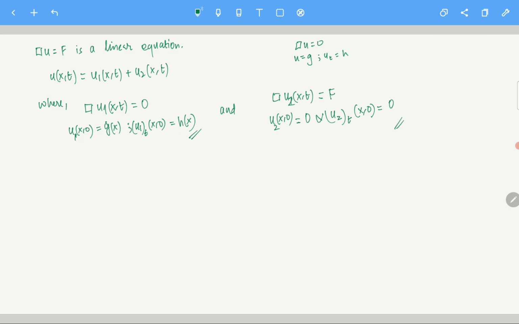So we broke it up into two parts. Now what about the first part? Let's say this is your 5 and that's your 6.